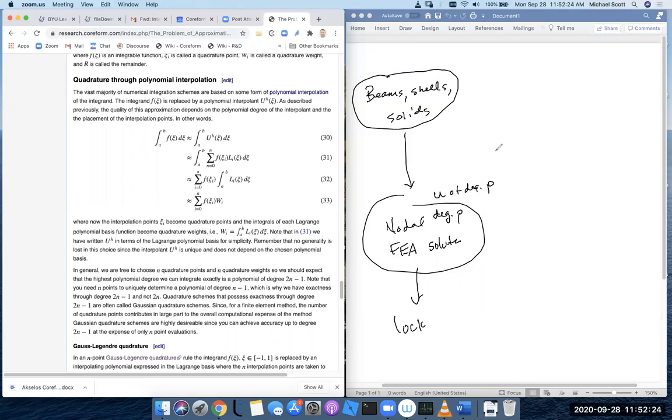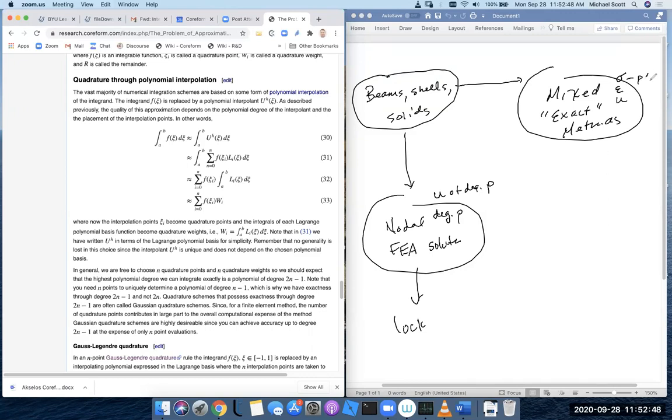What I'm saying is the right way to do this is to come up with some mixed method, a mixed exact method, where you then have maybe stress as an unknown, maybe strain as an unknown, maybe displacement as an unknown, and they may all have different degrees, right?